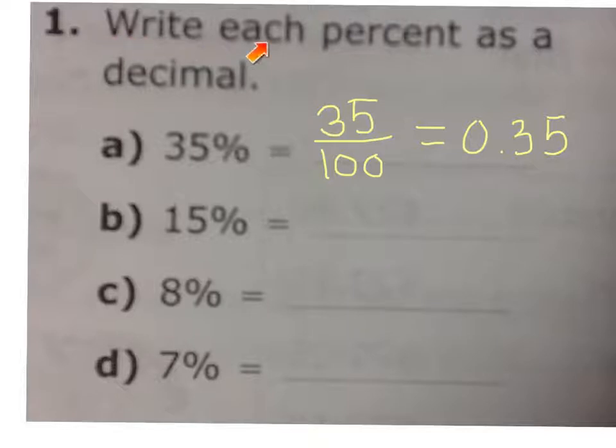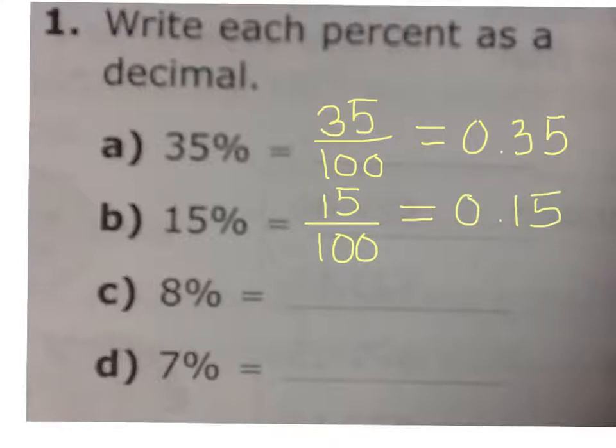So right now we are just writing any percent, 35%, 15%, 8%, and 7% in its decimal form. And for that, the routine is you take that percent number, you divide it by 100, and you perform the division, and you have your percent as a decimal.